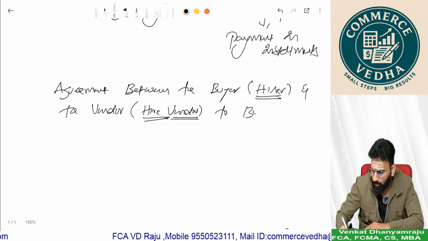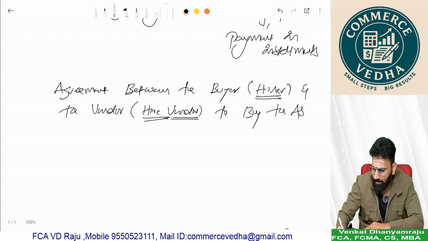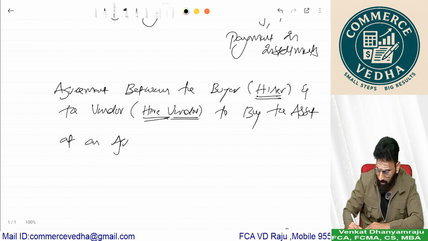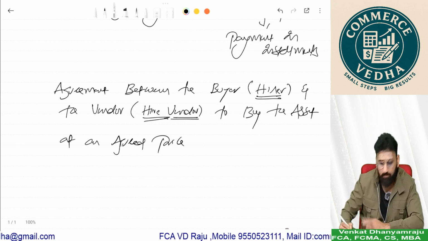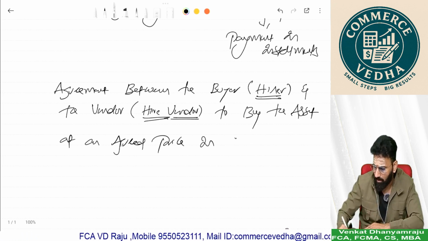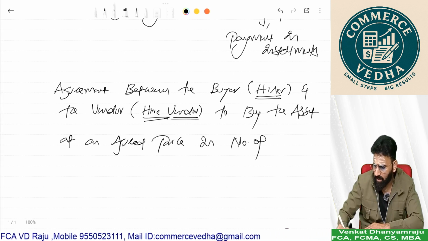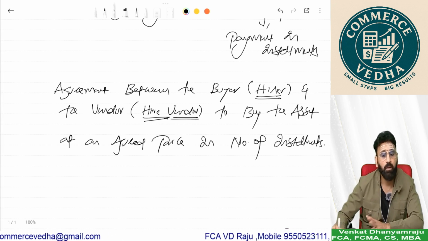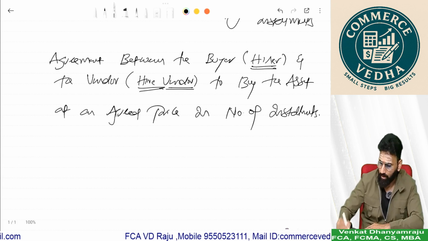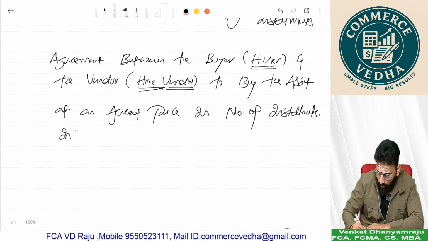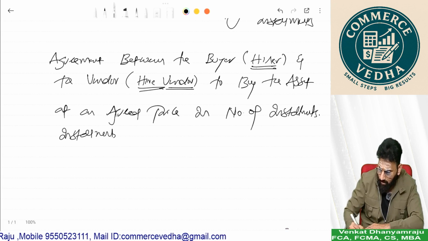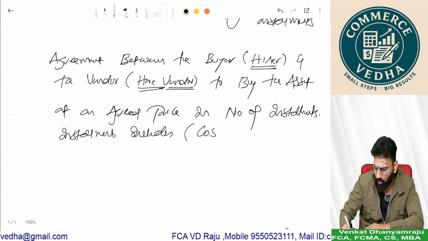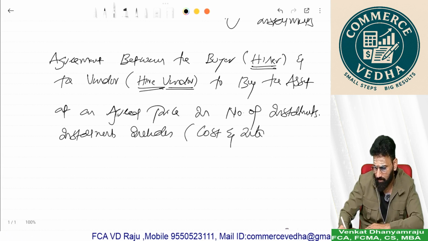to buy the asset at an agreed price in certain number of installments. Now, these installments include price towards cost and interest.